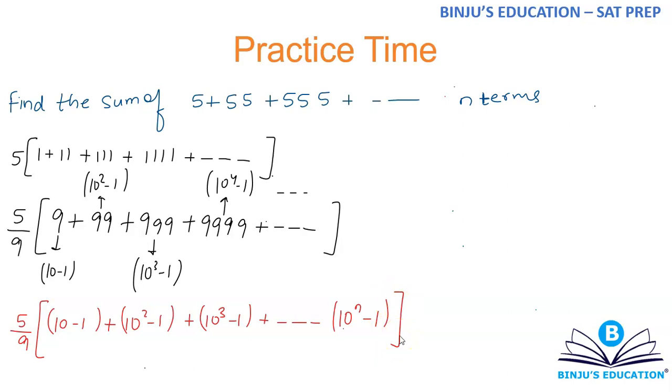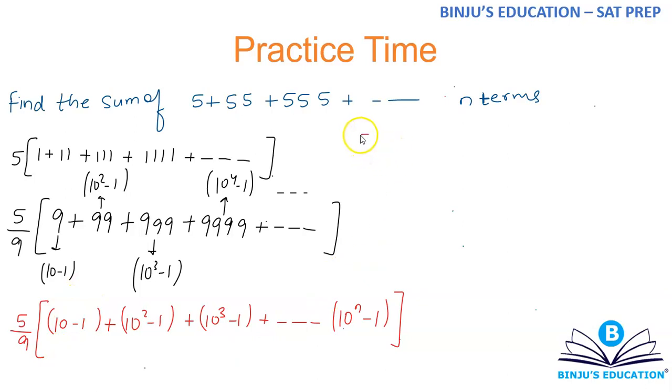So for every question of this kind, whether it's 5 plus 55 plus 555 plus 5555, or 7 plus 77 plus 777 plus 7777 and so on, every term has to be written in this form: you take that number common and then multiply and divide by 9.